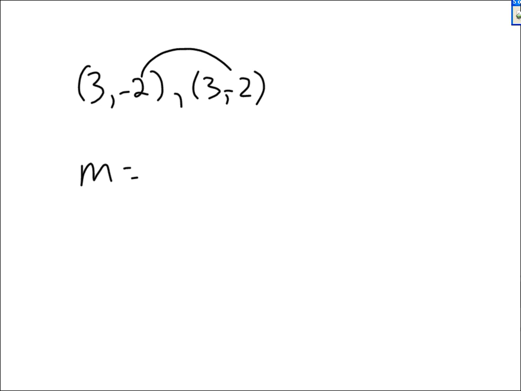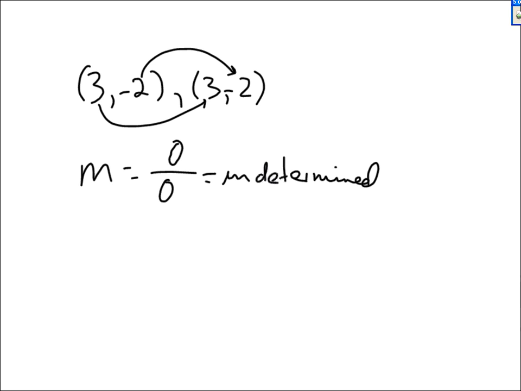Well, the y's are the same, so there was no change. Oh, the x's are the same. There is no change. And this is called indeterminate. And why is this a reasonable answer?